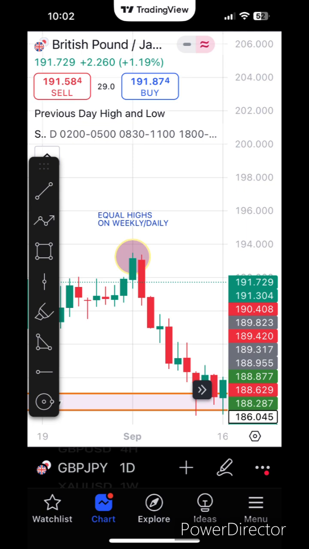There are different kinds of buy orders. There are stop loss orders up there from people who went short, right? People who sold the market there have their stop loss orders, which are buy orders above those equal highs, okay?